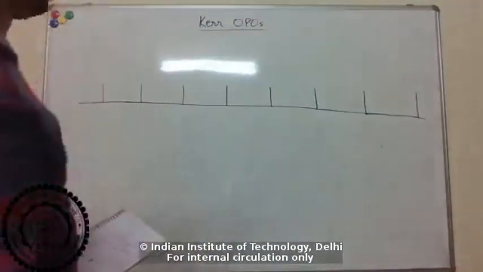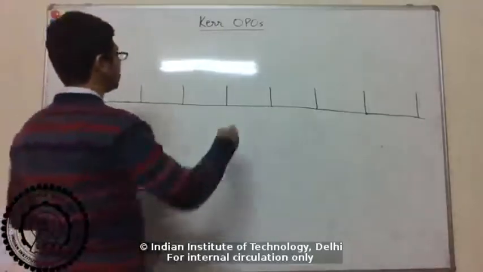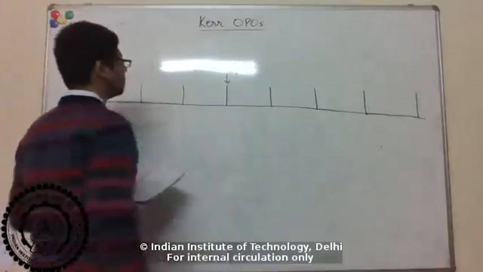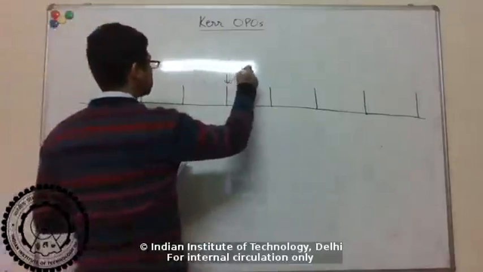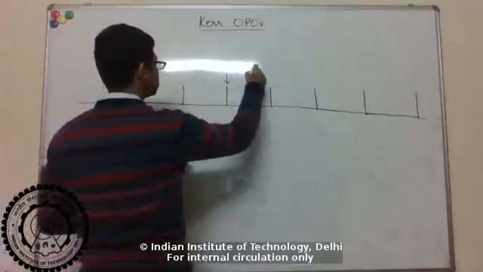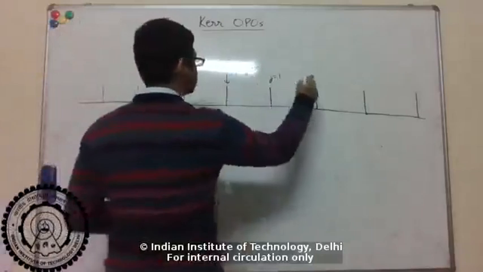Hopefully they all look equally spaced. Let's call this middle mode the one where we are pumping, the 0th mode, so let's say j equal to 0. So this will be j equal to 1.